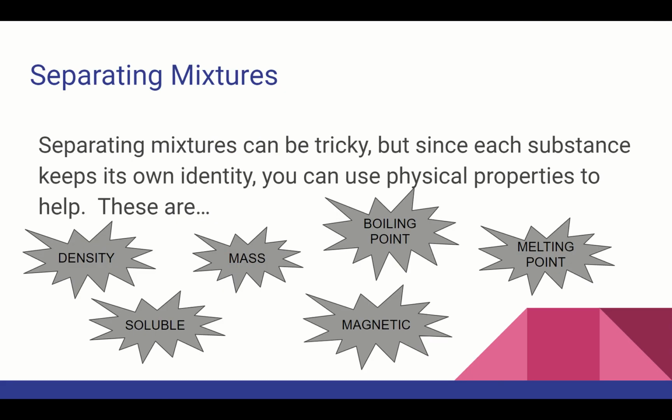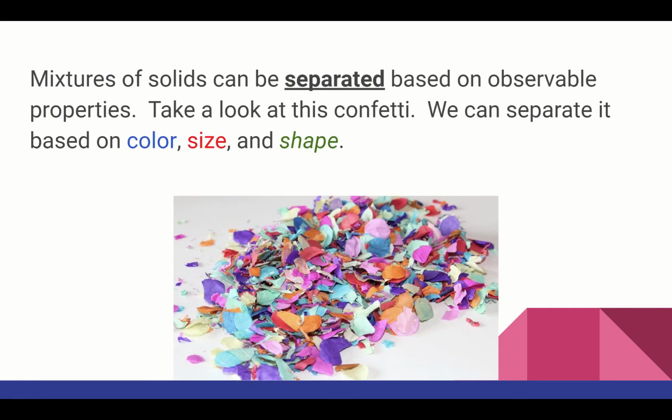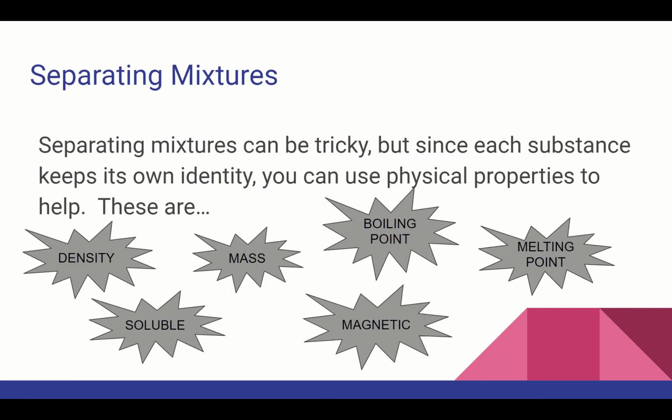So how do we separate mixtures? All right. So we've already talked a little bit about color, size, shape, but sometimes it's not going to just be solids. So we have different things that we could use. All right. So we can use density. So if we have a mixture of, say, wood beads and metal beads, and we wanted to separate them quickly and easily, we could dump them in a container of water.